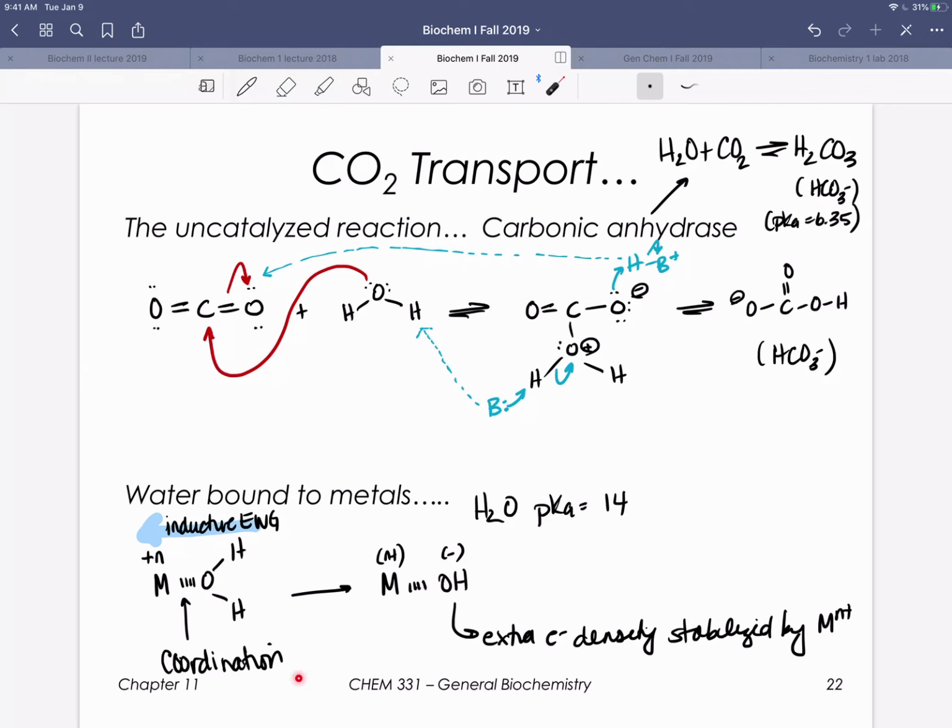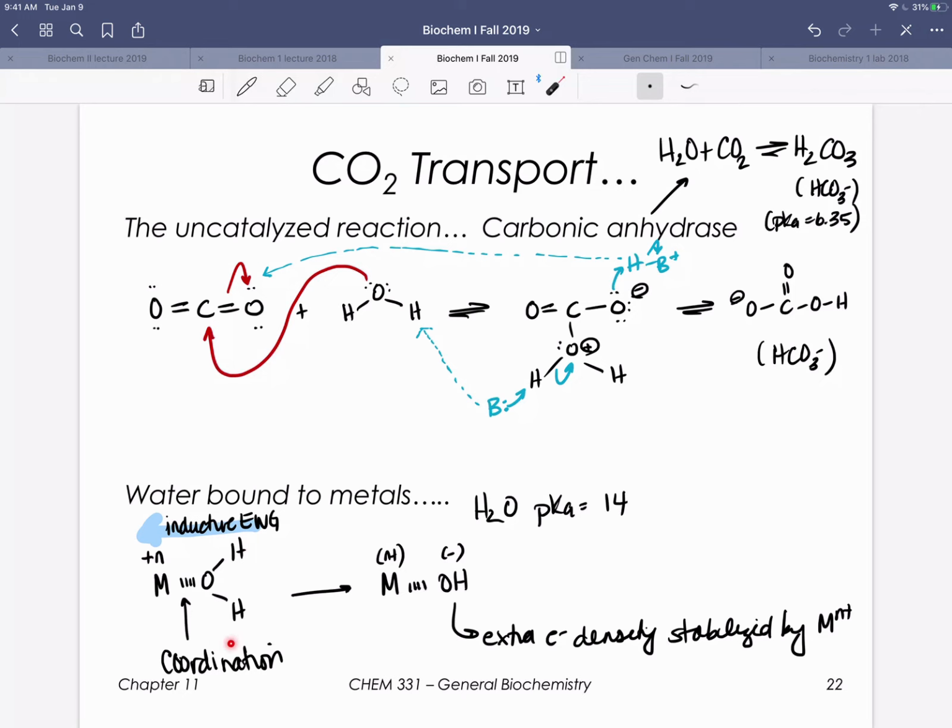So to understand a little bit about how enzymes use water-bound metals, when we bind water to a metal, we're going to have inductive electron withdrawal by the positively charged metal here. So again, this represents coordination of a water to our metal.